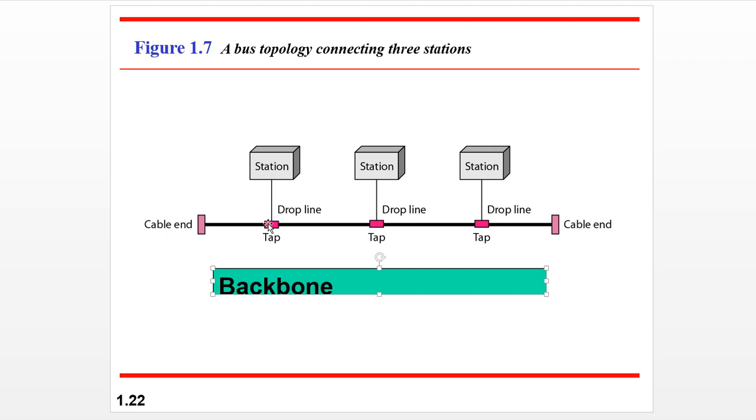Like one big pipe will be there, and for our home we take one tap to get water from that pipe. In the same way, we cut the backbone and take one drop line from the backbone to the station.